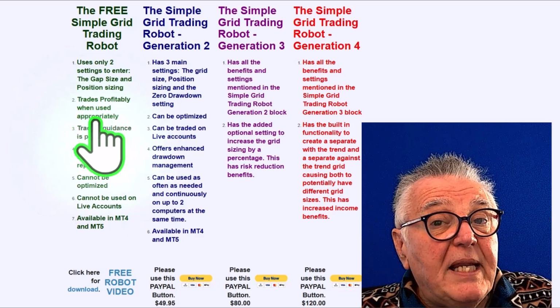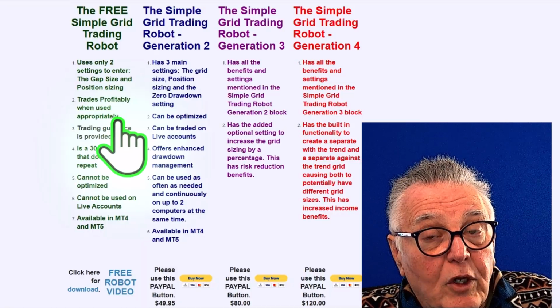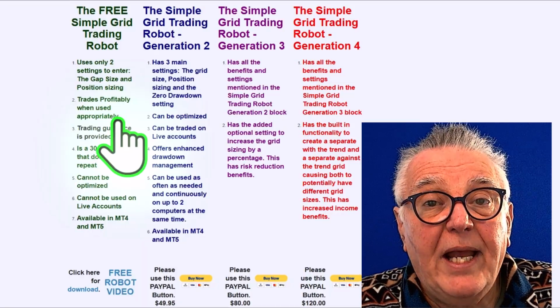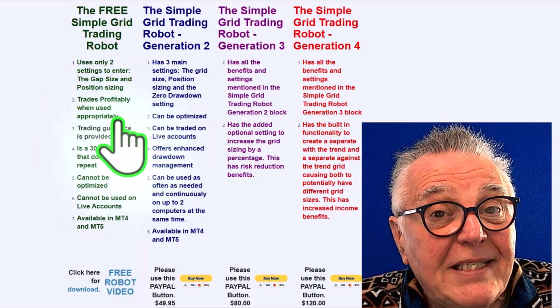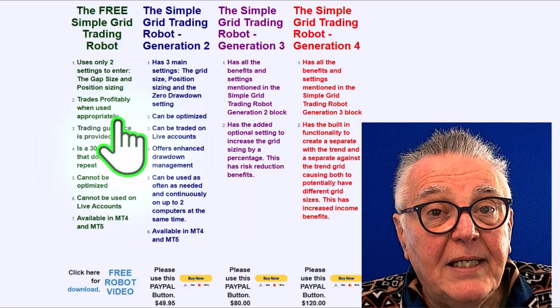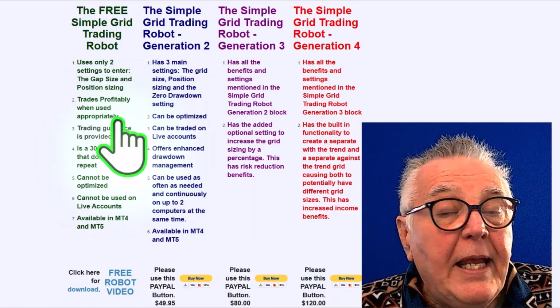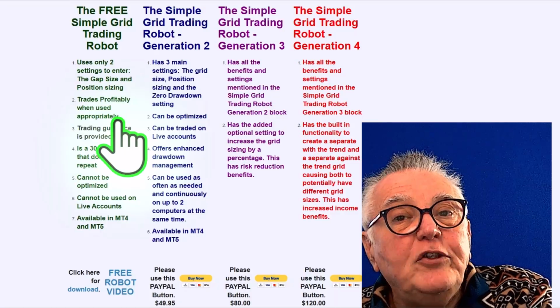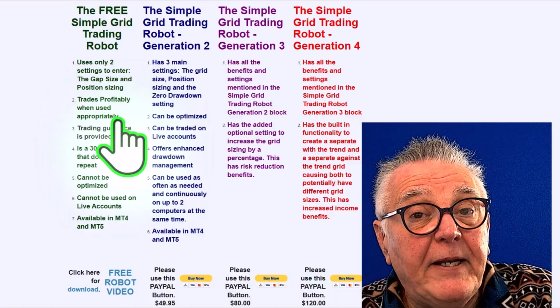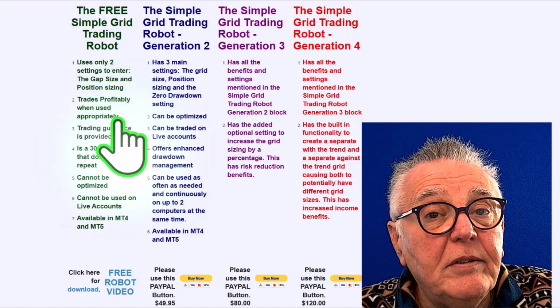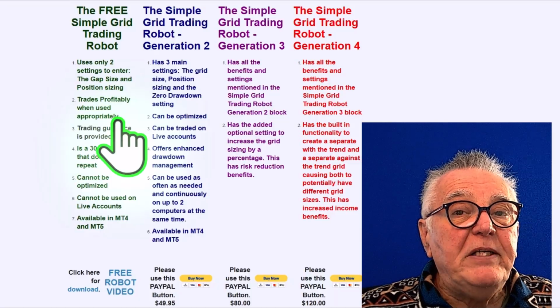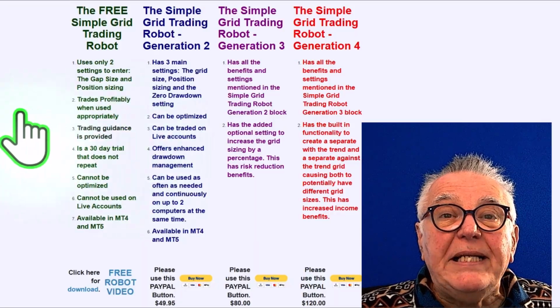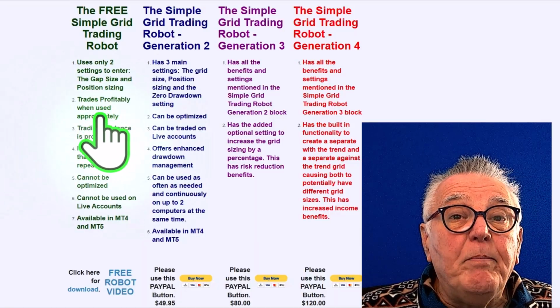So appropriately means you have to have the right lot sizing and you have to have the suggested gap sizing that we suggest. It does take a week or 2 for the grid to mature to a point where it starts printing money. Up until then, you will experience drawdowns, so don't be surprised if you have slight drawdowns, but it will mature and print money.